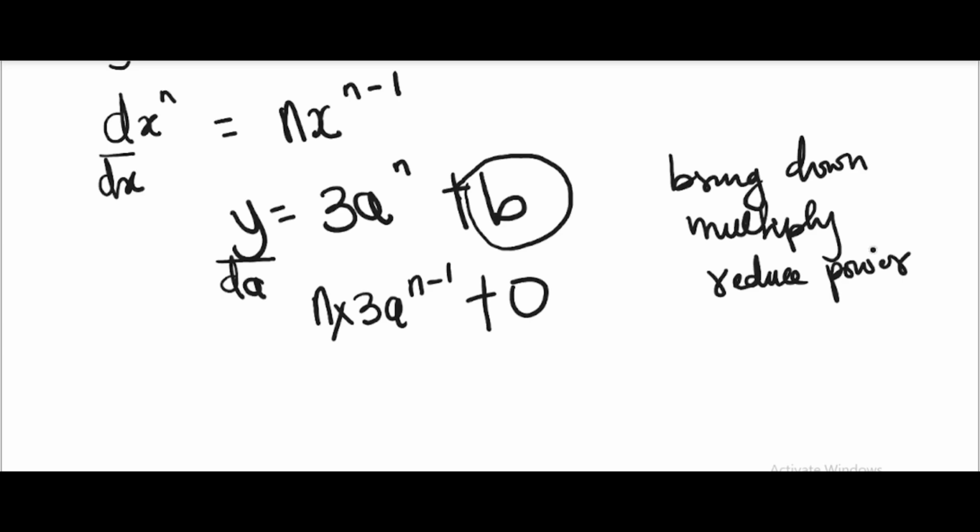Did you see it? Whenever you are to differentiate an algebraic expression, just take it like that. Bring down, just like we brought down n. Multiply. So multiplying, we will have 3a raised to the power of what? n minus 1.